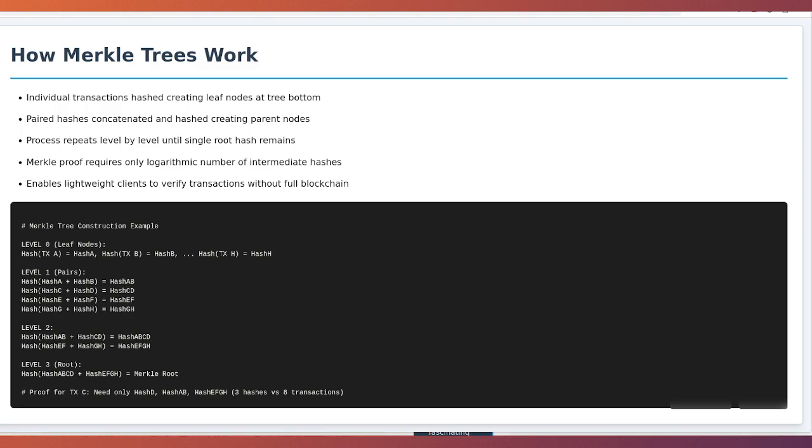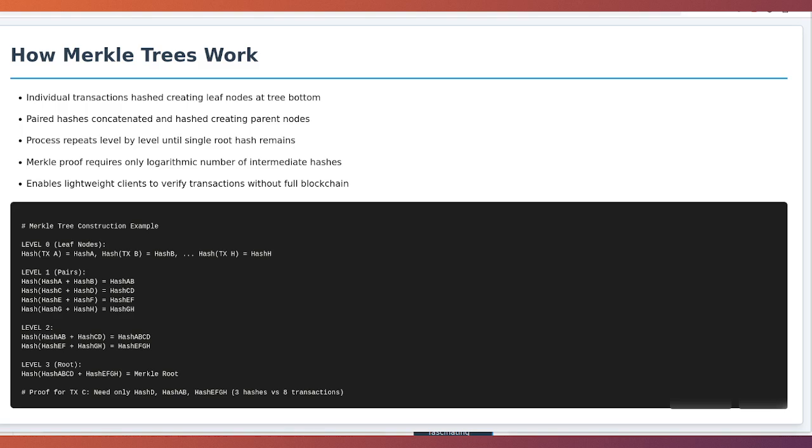Now suppose you want to prove that transaction C is in the block. You provide transaction C itself and the Merkle root, along with the Merkle path, which would consist of hash D, hash AB, and hash EFGH.